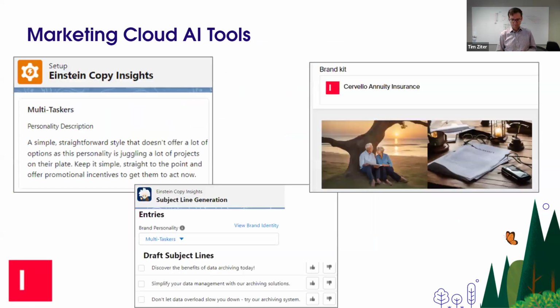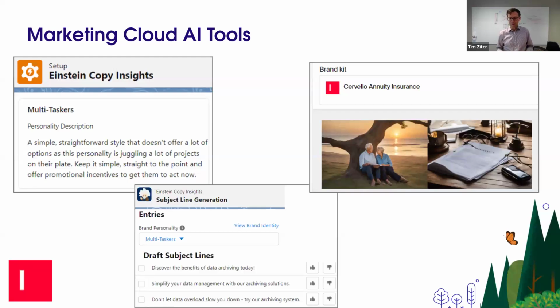Okay, let's talk about one-to-one content at scale. If you have an environment, the Einstein Copy Insights are available in most standard editions. With the Copy Insights, you can create personalities based on your persona. This could be based on the personas that your brand team has determined.